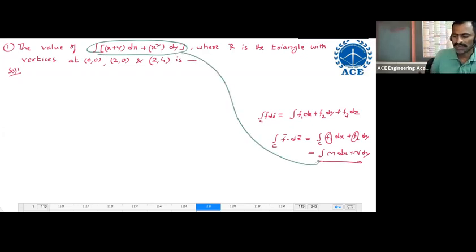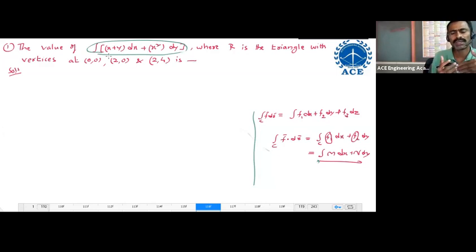So we are given a line integral in Cartesian form in 2D, and we are asked to find the integral over the region R, where R is a triangle with vertices like this. To evaluate this integral, we try to convert the given line integral to a double integral. After that, we find the limits and then evaluate. Already we know the method of evaluating double integrals and finding the limits.